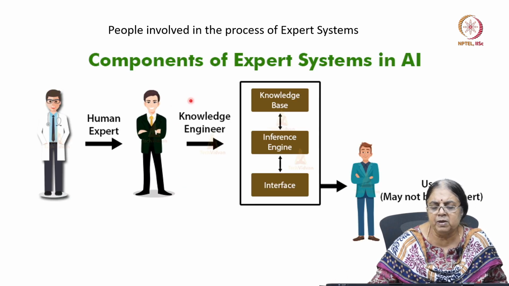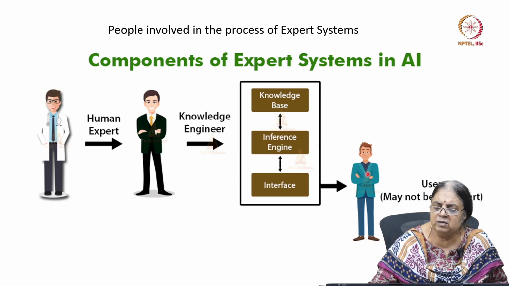So these are all the people that are involved in this. First of all, you have the human expert and you have the knowledge engineer, and the knowledge engineer will interact with the human expert, and then the knowledge engineer actually makes the knowledge base, and that knowledge base along with the inference engine and the interface is your actual expert system, and the user is there.